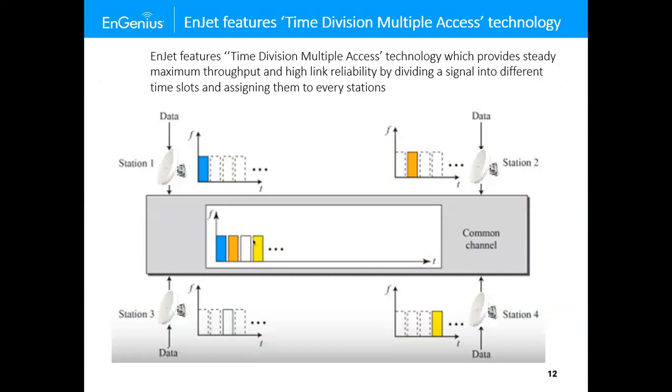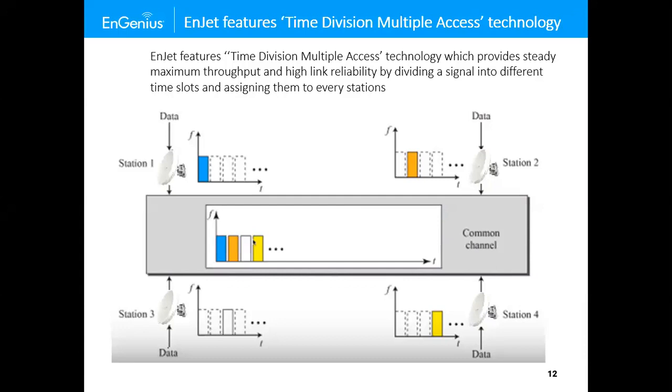So EnJet. The EnJet solution features time division multiple access technology. Like we mentioned in the previous slide, the CSMA mechanism will cause a random back off when it detects the air is busy.